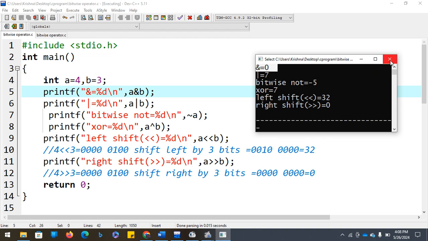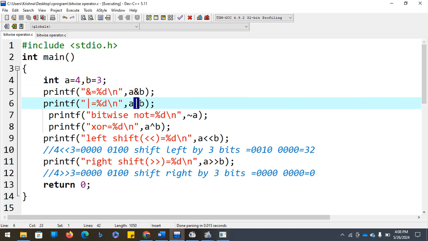Next is OR. In OR, as we can see, the output is 7. Unlike the AND operator, in OR we don't go for multiplication, we go for addition. OR means add the numbers. For that we use the vertical bar, which is also called pipe.